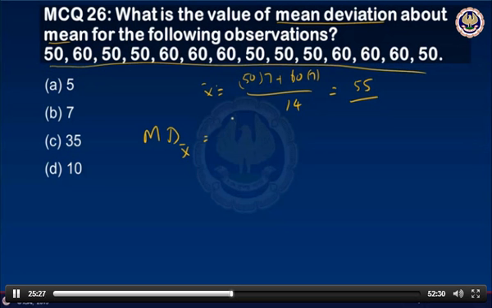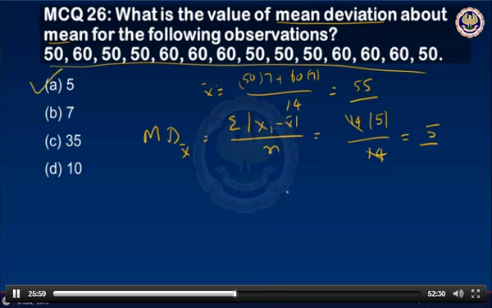The formula is summation of modulus of xi minus x bar by n. Here each observation is subtracted from 55. So this is the absolute value of 5 only in all the cases. So 14 times, and the number of observations is 14 here. So 14 get cancelled. So 5 is the right option. Option A is the correct one.